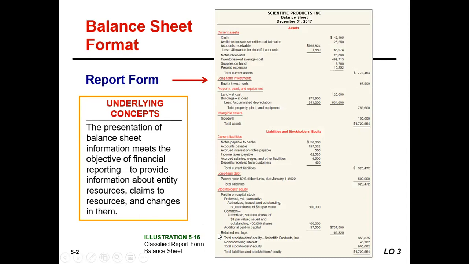So we've got that. And then under retained earnings, we might have a non-controlling interest, which is where we own a portion or a piece of another company. So we have some equity there, but we don't control that organization.